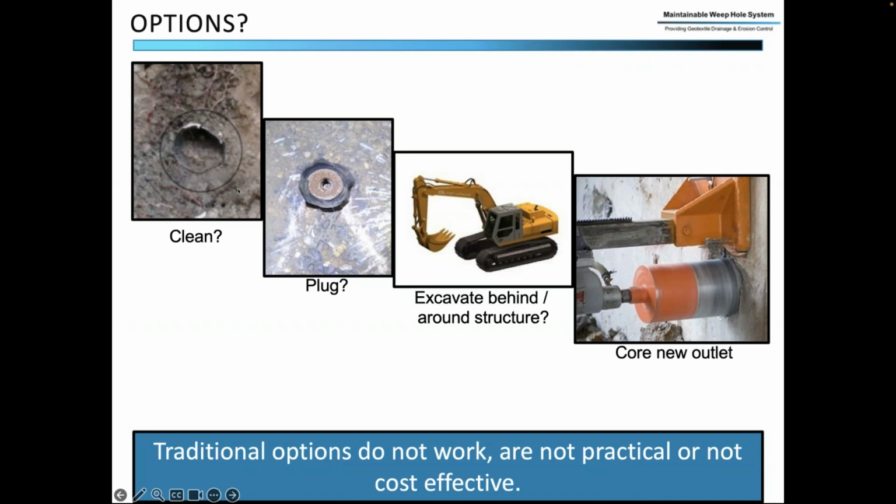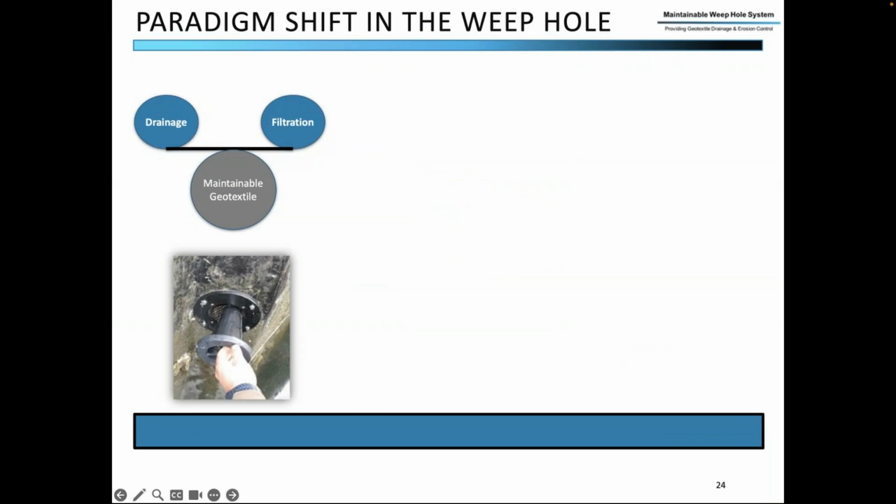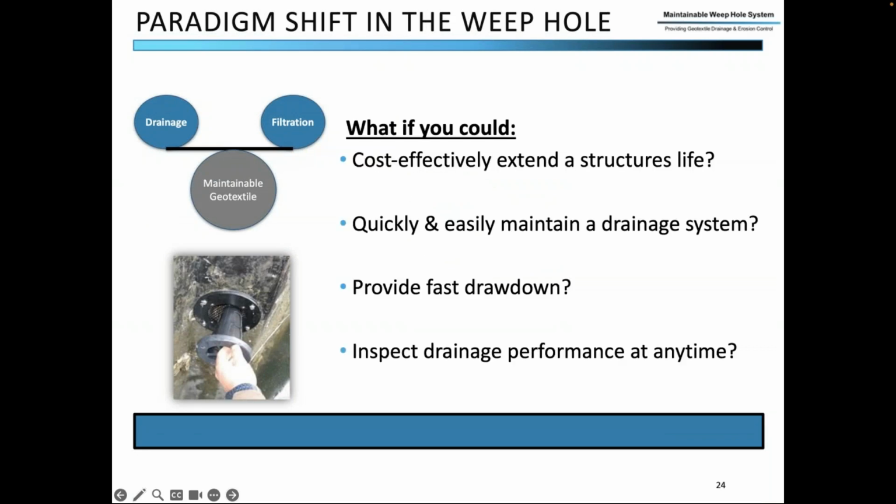You can put in new drainage outlets, but the challenge here is, well, fine, you let the water out, but now how do you stop the soils from coming out? So the question was, what if you could cost effectively fix a drainage system and extend the life of a structure?